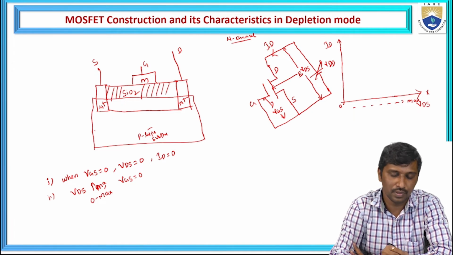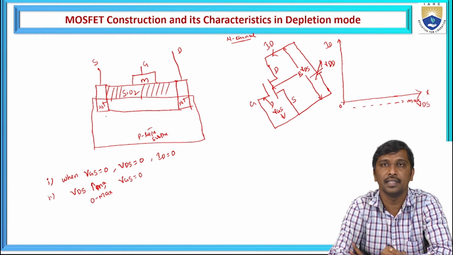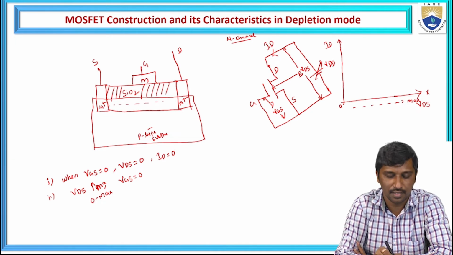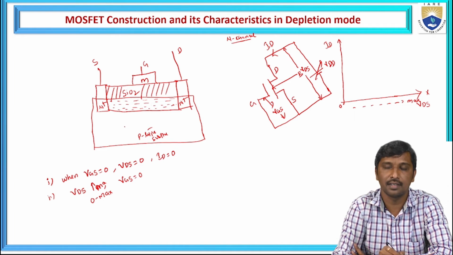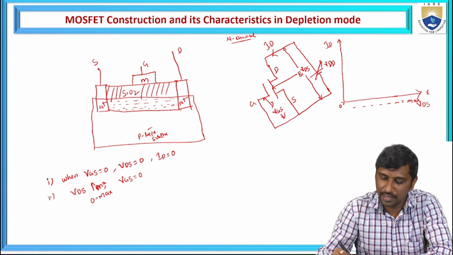Hence, due to the applied force, based on the amount of energy, it repels the charge carriers from the source to drain. Hence, the charge carriers are repelling from source to drain, and the maximum drain current flows from the drain to source. Why?